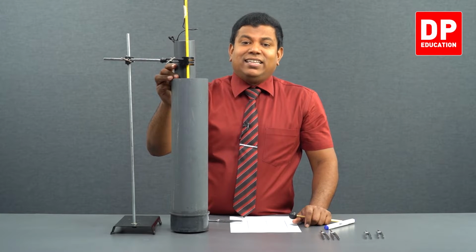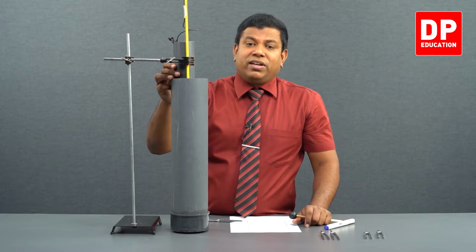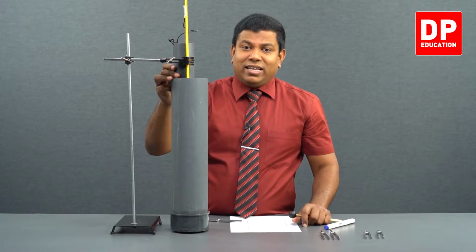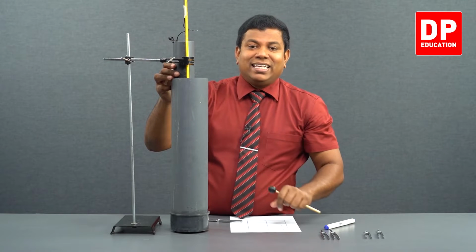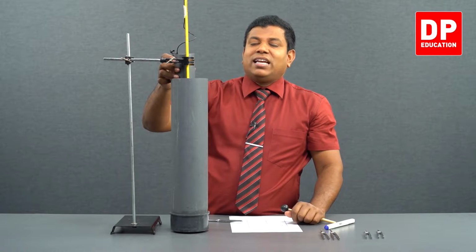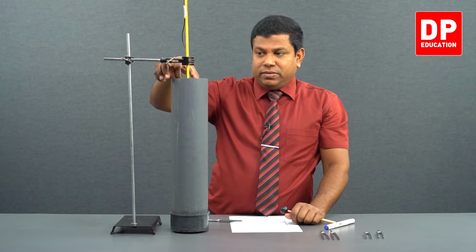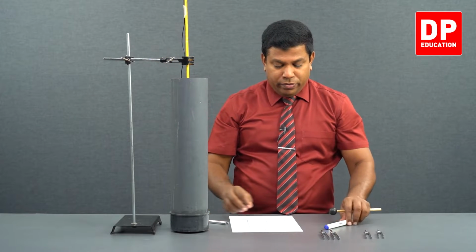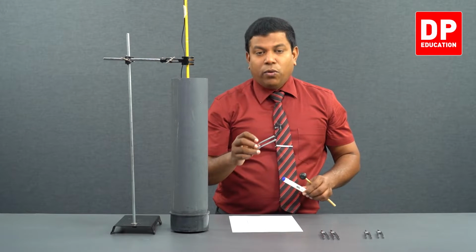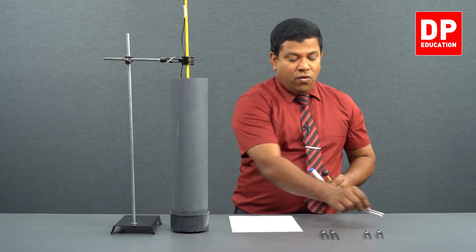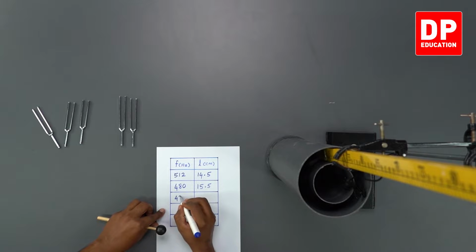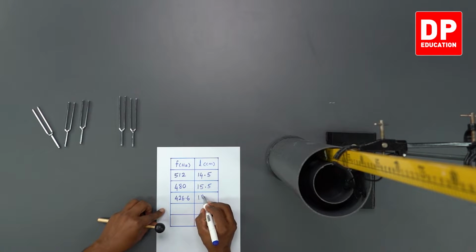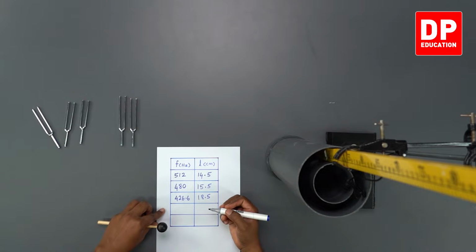This is 60, that means an 18.5 centimeter difference. The closed end of this resonance tube is at 41.5, the open end is at 60, so 18.5 centimeters is the length of air column that resonates. This is for the frequency 426.6 hertz, 18.5 centimeters is the length we have got.